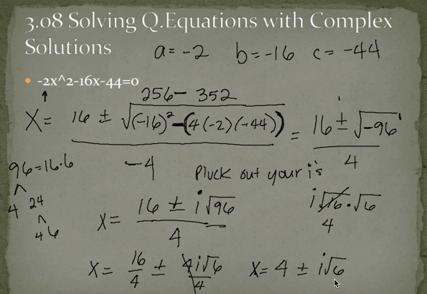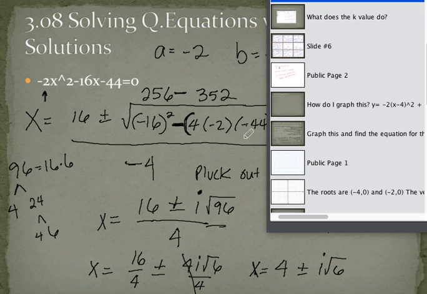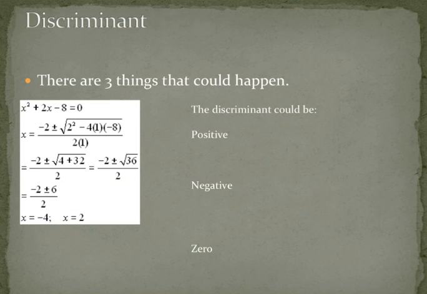There are two complex solutions, and we can take a look at our discriminant chart and notice what we ended up with under here was a negative 96. When your discriminant is negative, you get two complex solutions.